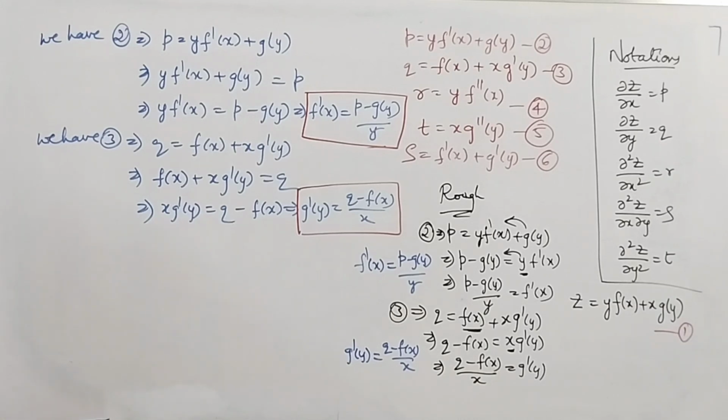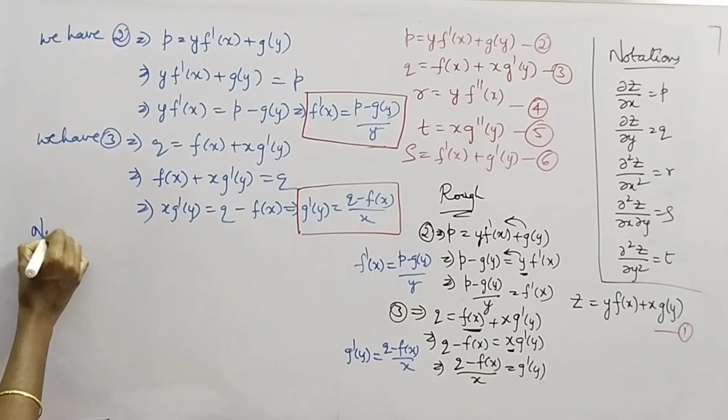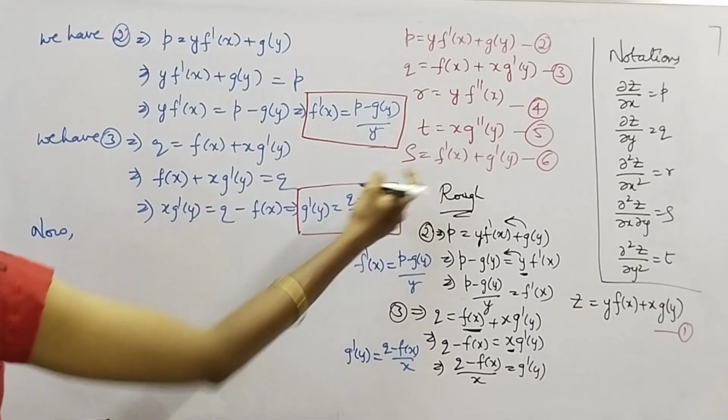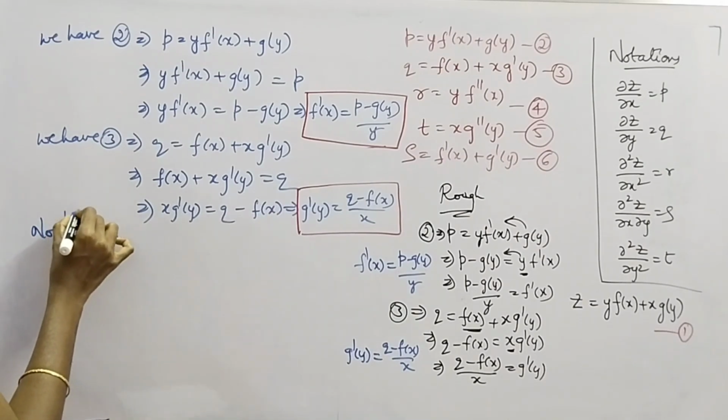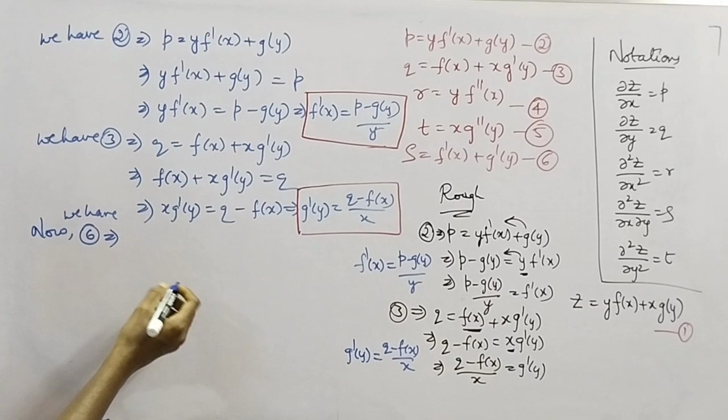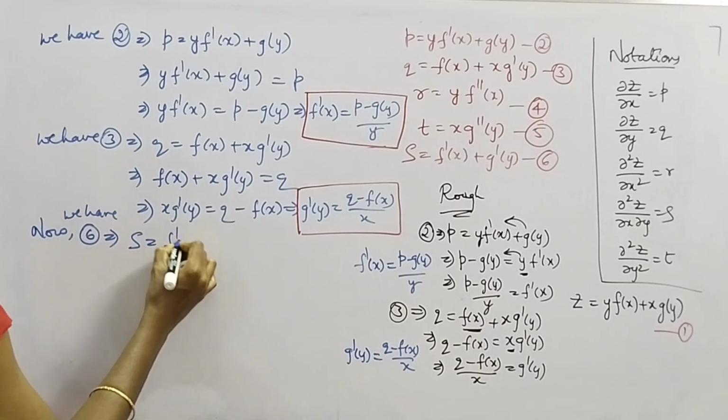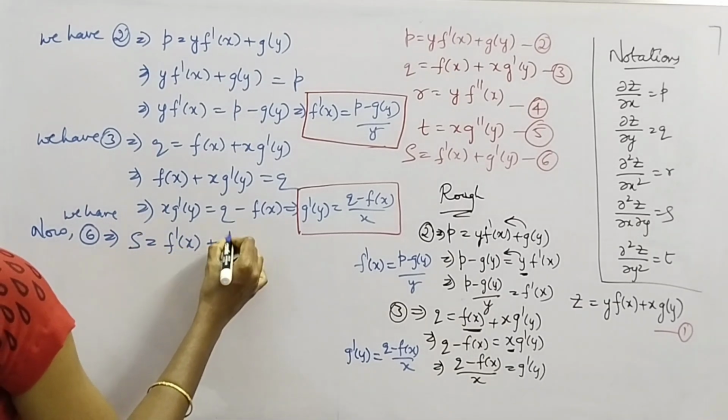Fine. Now I'll pick equation s, that is equation 6. We have equation 6: s equal to f dash of x plus g dash of y.